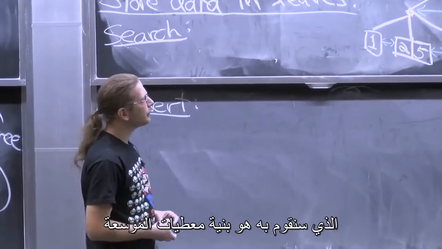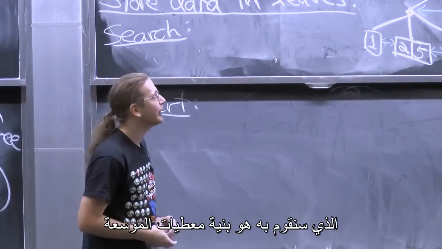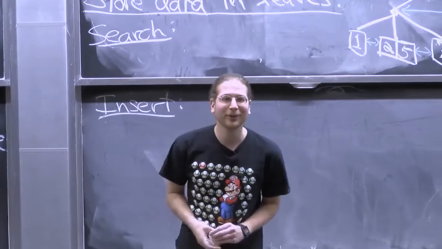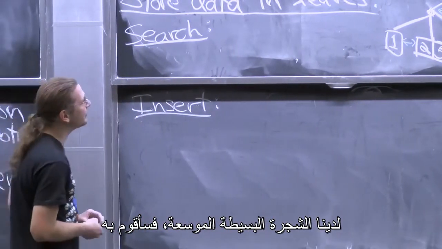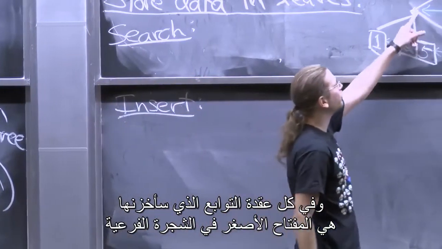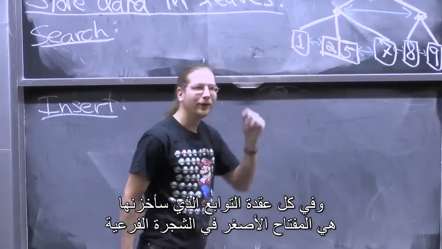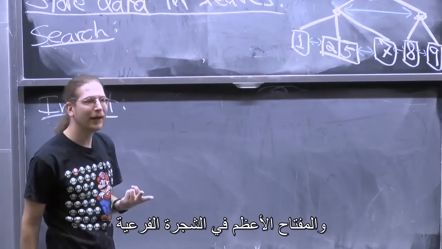What we're going to do is data structure augmentation. We have simple tree augmentation. And at each node, what I'm going to store are the minimum key in the subtree and the maximum key in the subtree.